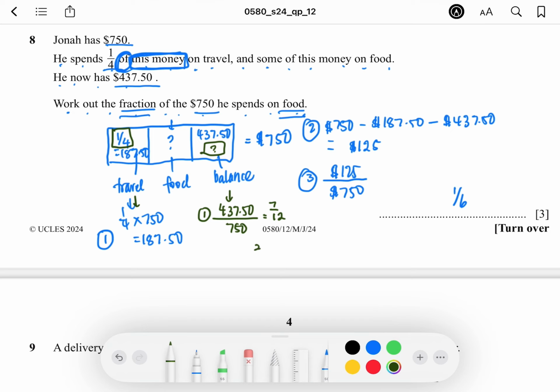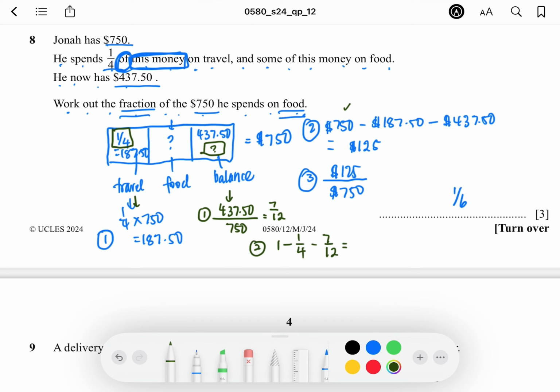First step. Second step. So Ani menggunakan 2 step saja. I minus. Sini I minus with 750. Tapi kalau fraction I minus with what? The whole thing. Fractionnya is equals to 1. So 1 whole tolak 1/4 tolak.